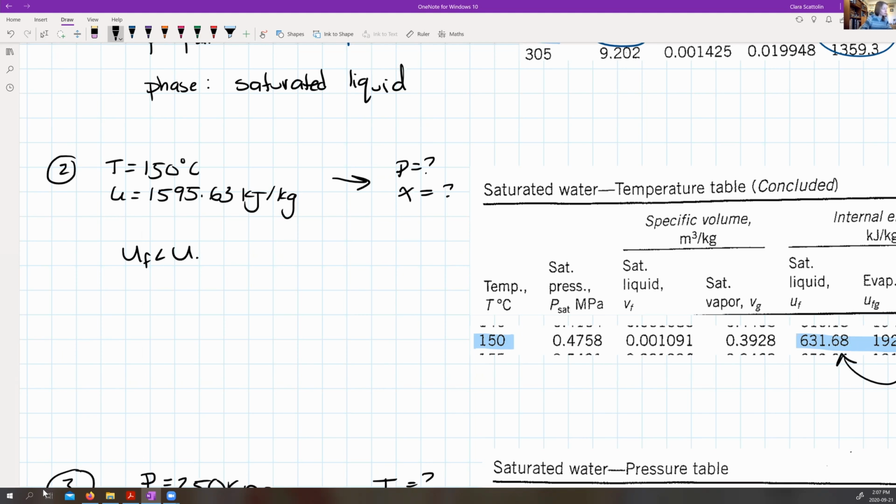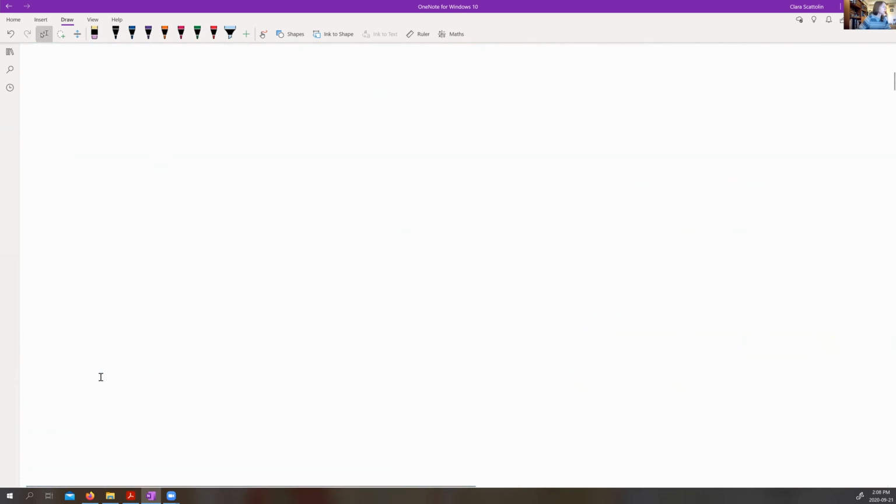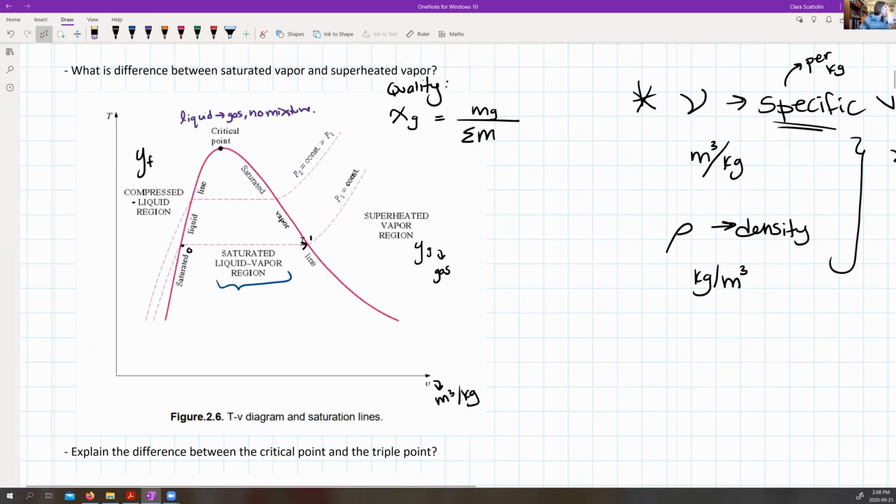So the value of U I have is between UF and UG. What does this mean? This means that I'm in a mixture. I am over here in the saturated liquid vapor region.